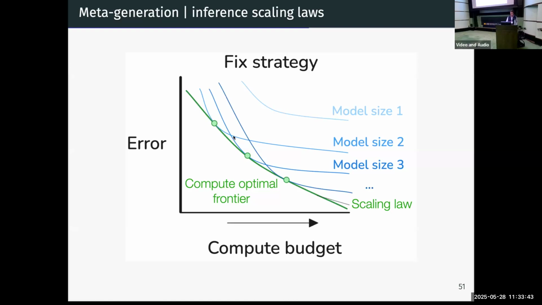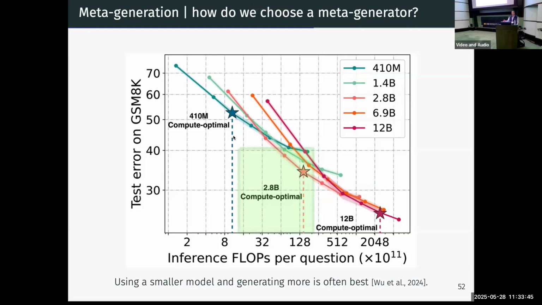So we actually tried this out with actual language models on mathematical reasoning tasks. In practice, you do see these kinds of nice frontiers forming. Each line here is a different model size. This one is a really small model up here.